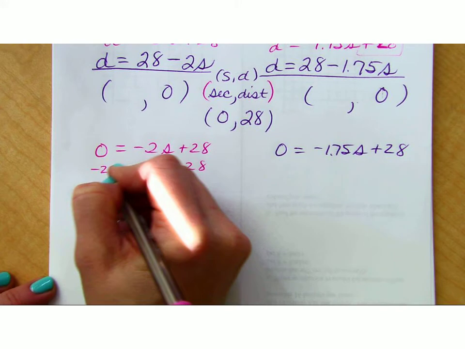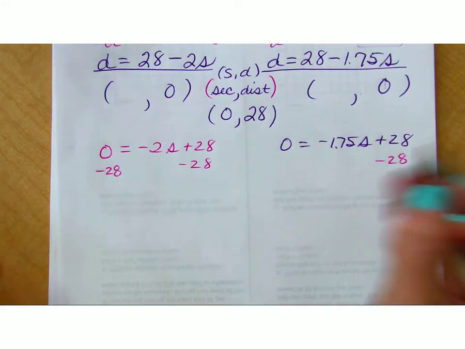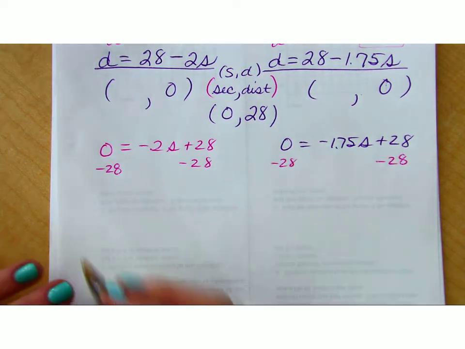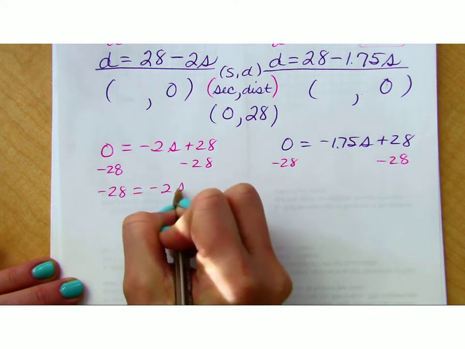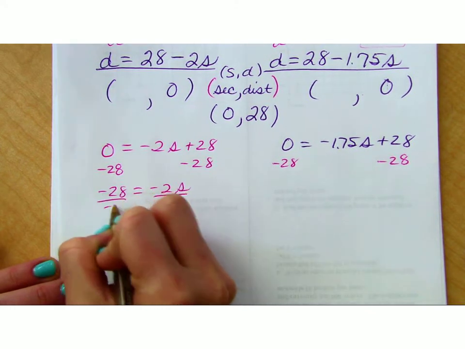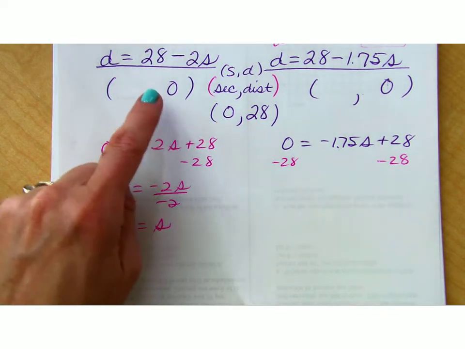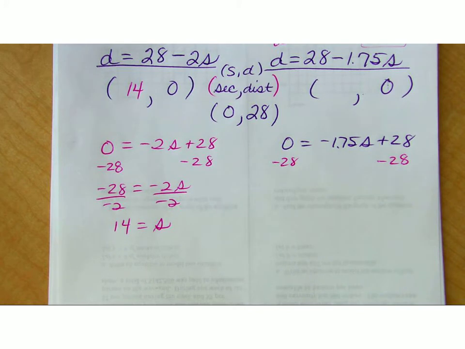It doesn't matter what side it's on. If you chose to subtract or add, that's fine too. So you're going to have negative 28 equals negative 2s, 14 seconds. So when my distance is 0, meaning I'm already there, how long did it take me?